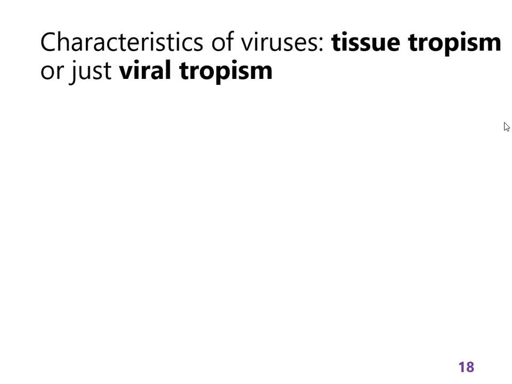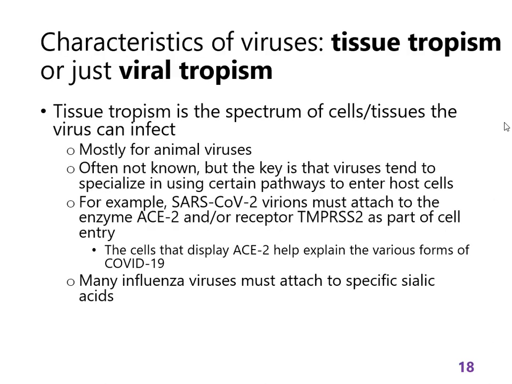And on this slide, I mention some more details about it and some things you can use to predict a tissue tropism. Like, for example, once we found out that the SARS-CoV-2 virus, which causes COVID-19, uses the ACE2 enzyme as part of viral entry, and it needs the receptor TMPRSS2, once we know that, we can figure out what cells in the body have those two things on their surfaces, because that's going to tell us which cells it can infect.